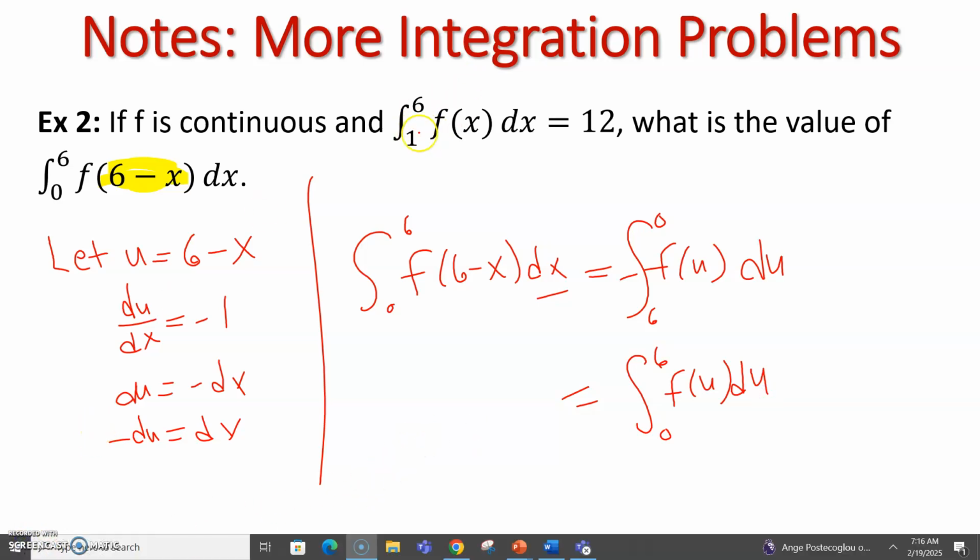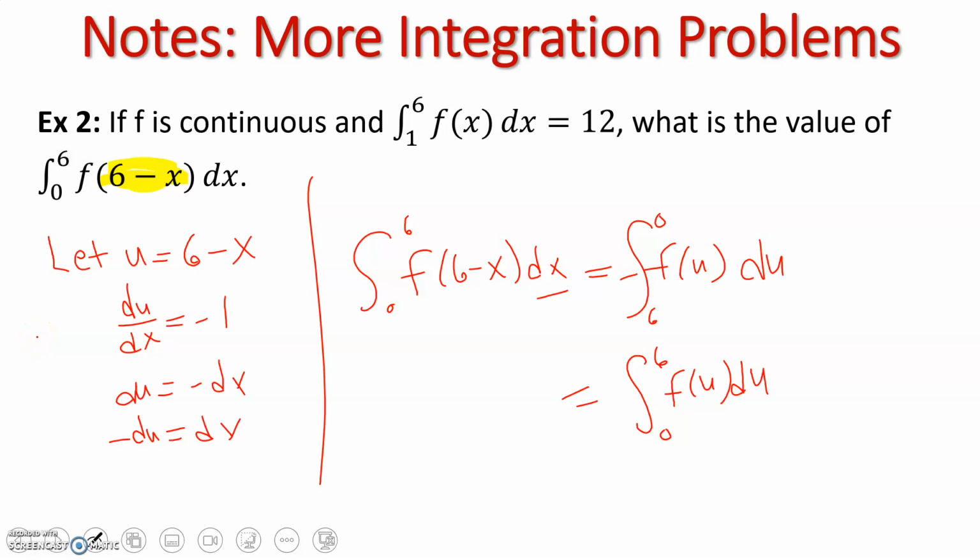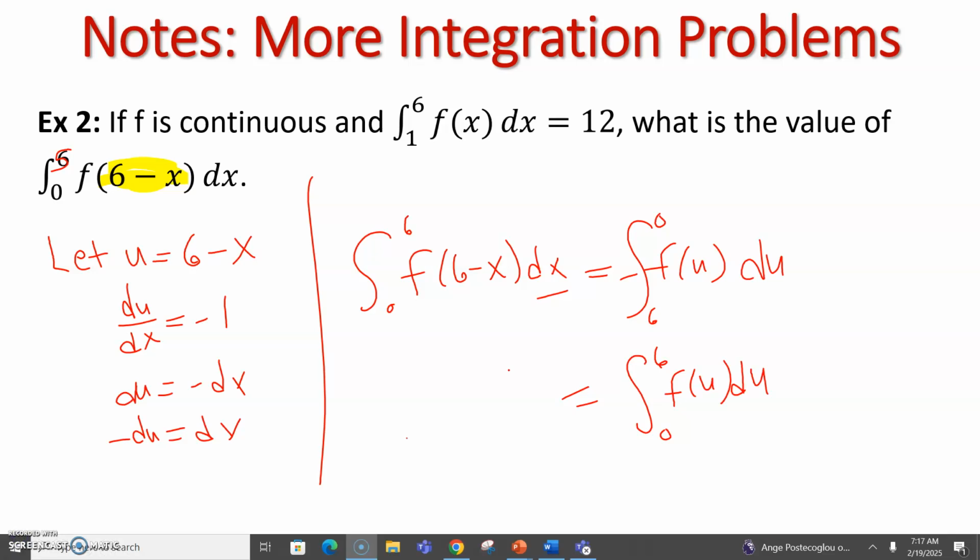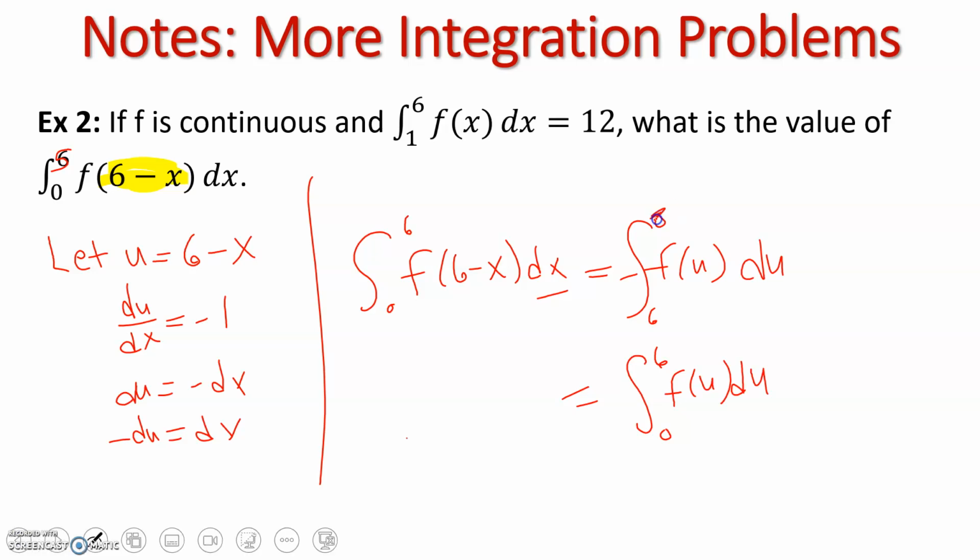Now, in noticing that this is not matching the original, I'm assuming that there's a typo here. So let's just modify this to make sure it works. So I'm going to make this here 0 to 5, and then the upper bound here becomes 1 instead, and then when we flip it, our lower bound becomes 1.